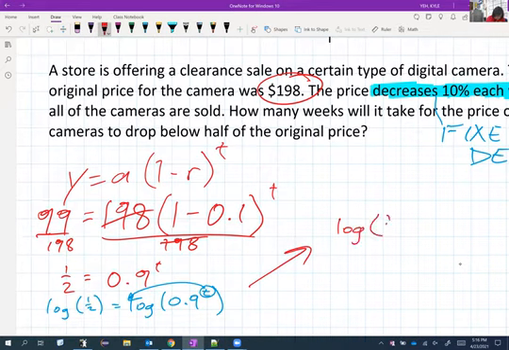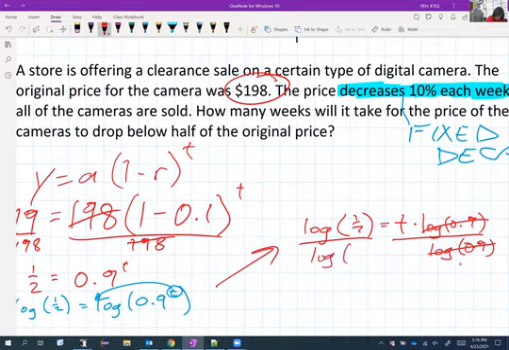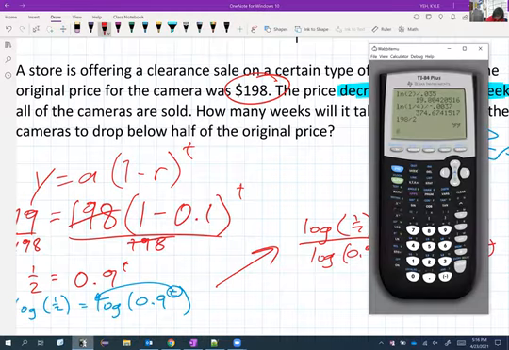Log of 1/2 then equals t times log of 0.9. Divide by log of 0.9 on both sides. And I get, there it is, log of, I'll type in 0.5 for 1/2, divided by log of 0.9.